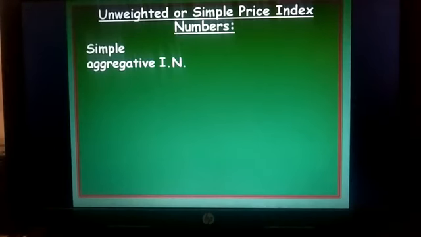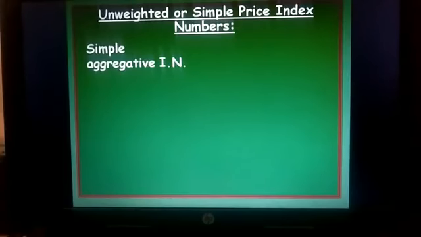In the previous slide, I have given that note. Fine. This is simple first. That means weights are not being applied. So W will not come at all in this particular concept. And then next it is aggregative. Aggregative is nothing but summation, sum of. That is the meaning of aggregation or aggregative.